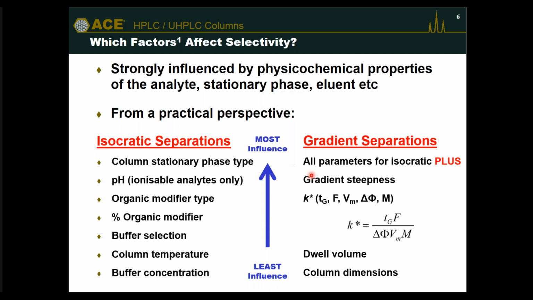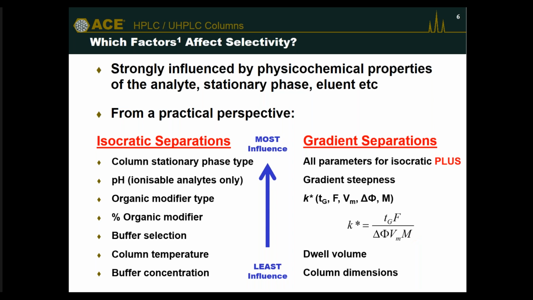We have this symbol here, which is the gradient range. We have Vm, the column volume, and then S, which is a constant depending on your analyte molecular weight. We also have dwell volume, and we have column dimensions as well. All of these factors can affect the selectivity of your separations to a greater or lesser degree.